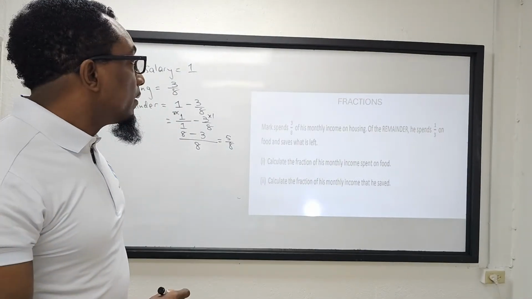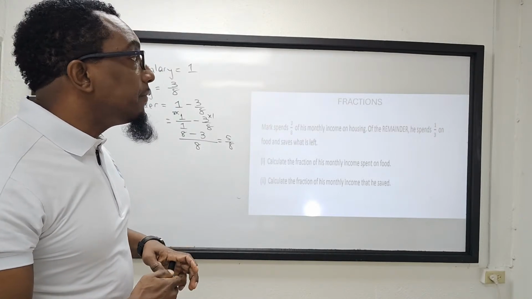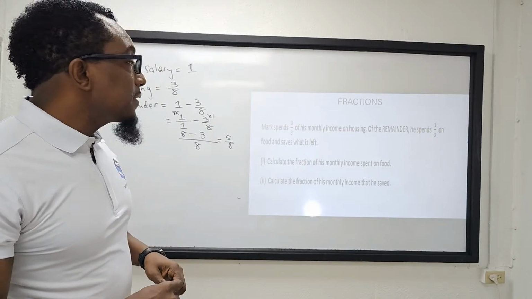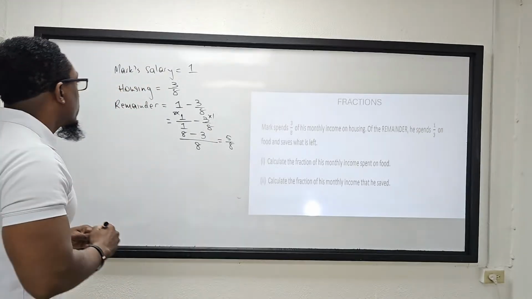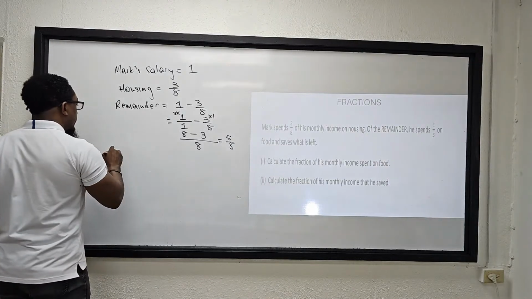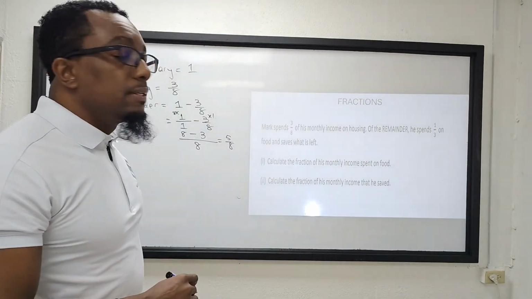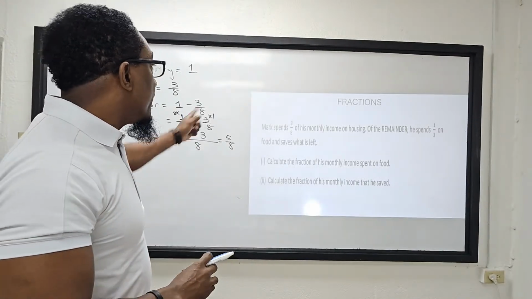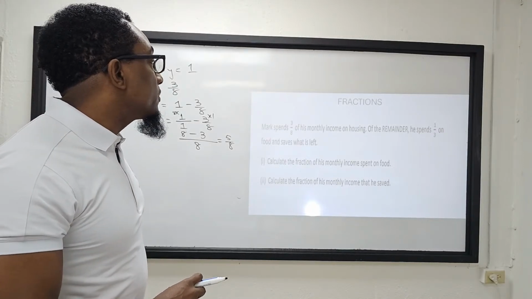Not so? But it states here he spends 1/3 of the remainder on food. So then what is the fraction of his monthly income spent on food? So for part 1, this information was necessary first to help us determine the result. So of the remainder, which means multiplication, 1/3 is spent on food.